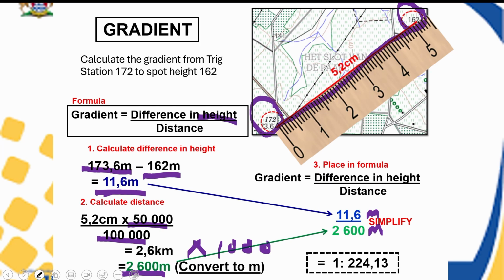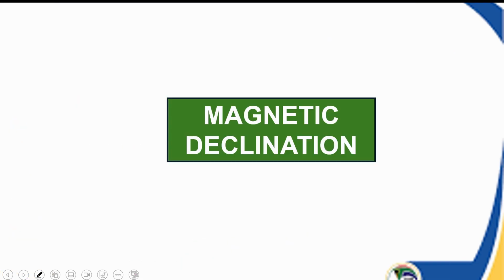So 2,600 meters divided by 11.6. We use the answer that we got from the distance to divide the height and also the distance so that we get the full answer.